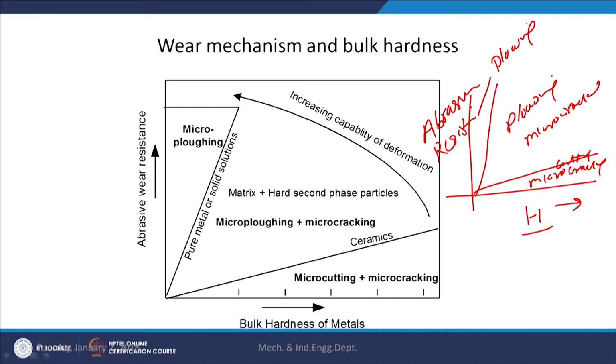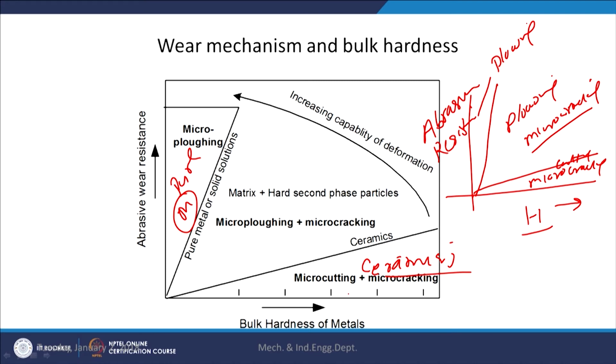So, if we see which kind of metal system will be subjected to the ploughing, it is the materials which are pure, soft and ductile. So, pure metals. On the other hand, hard and brittle materials like ceramics will be experiencing micro cracking and a combination of micro cutting.